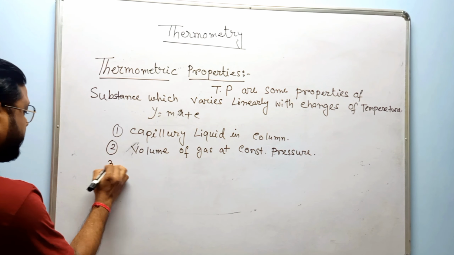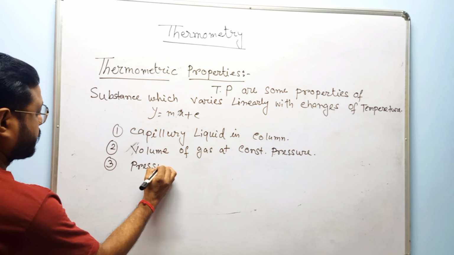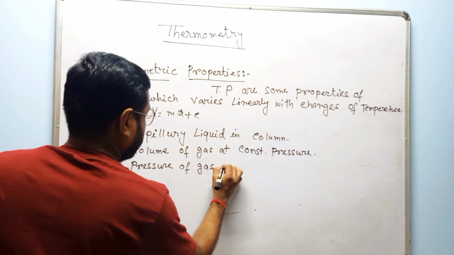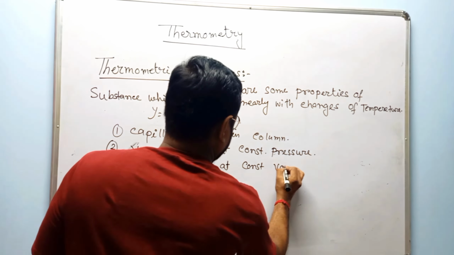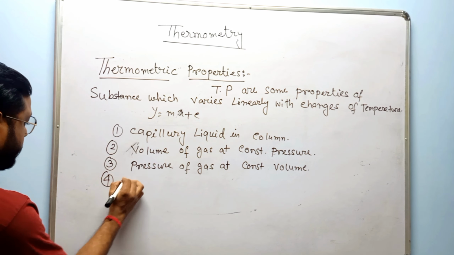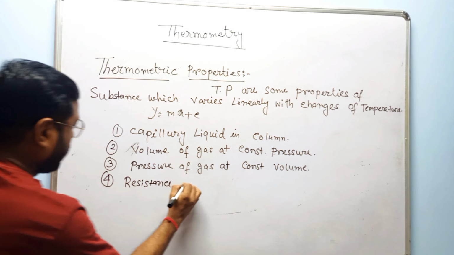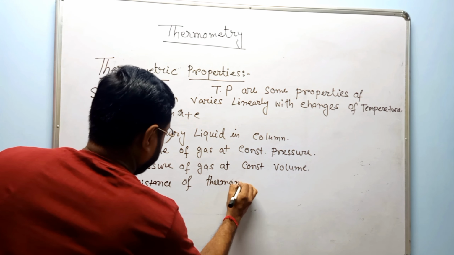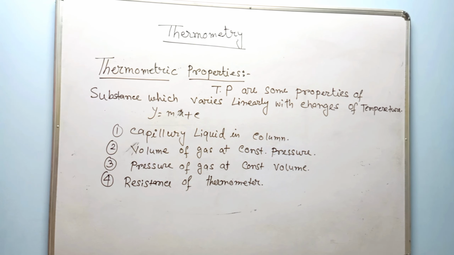Number 3, pressure of gas at constant volume. And number 4 is resistance of thermometer. So these are some examples of thermometric properties.